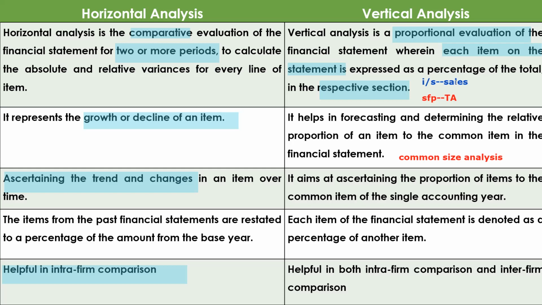In the statement of financial position, we are going to take it as a percentage of total assets. So this one can be used to compare the firm itself as well as different firms as well. So it facilitates the inter and intra both. Inter means different firms. Intra means within the firm.